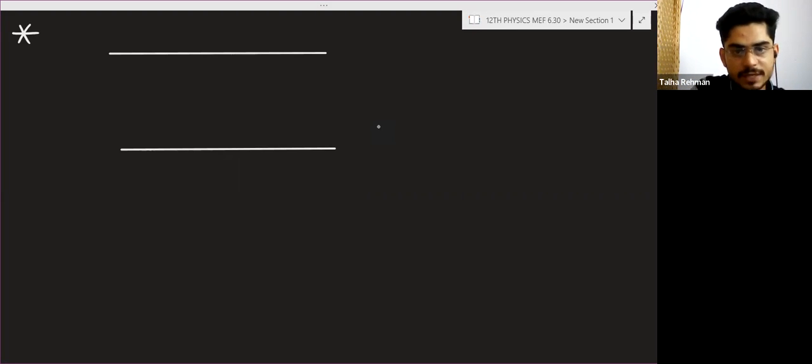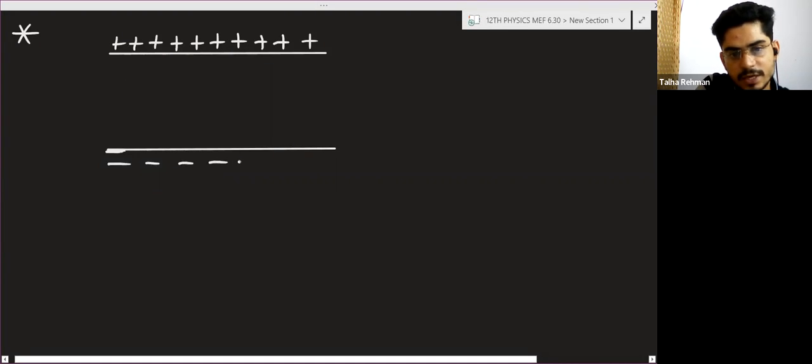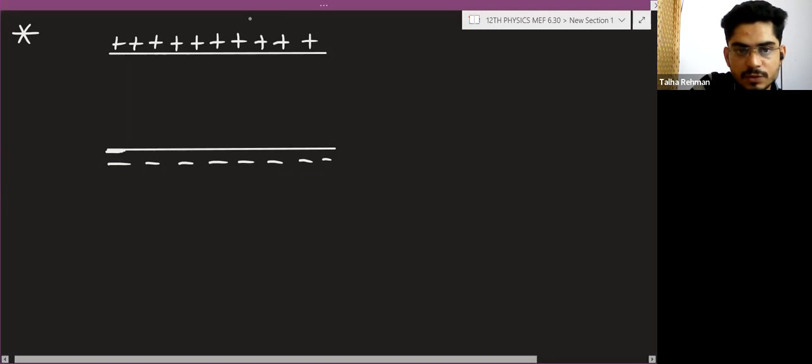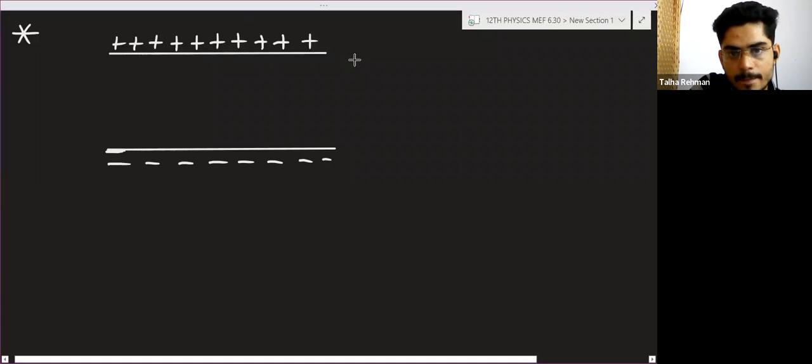So here one plate has positive charge, we know. This is the capacitor, one plate is positive charge, another is negative. This is the parallel plate capacitor. Two plates separated by some distance, and the distance between these two plates is, suppose, d.